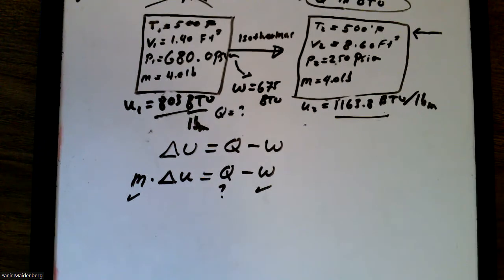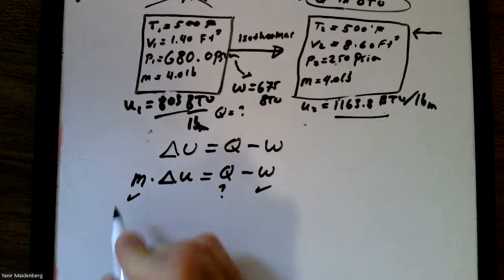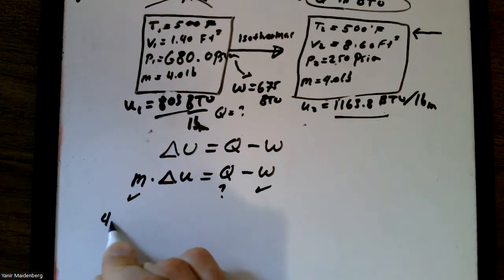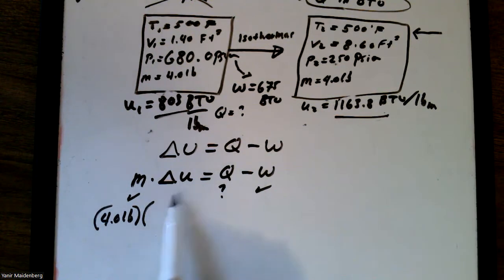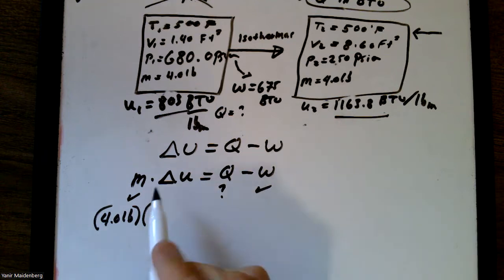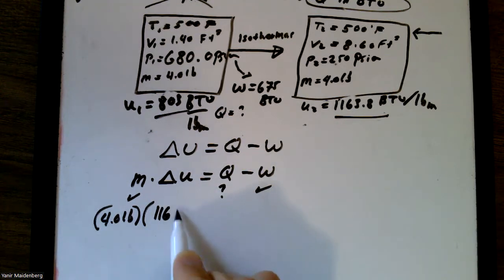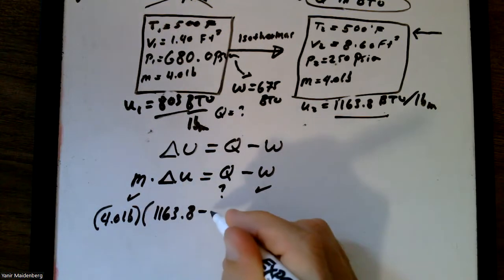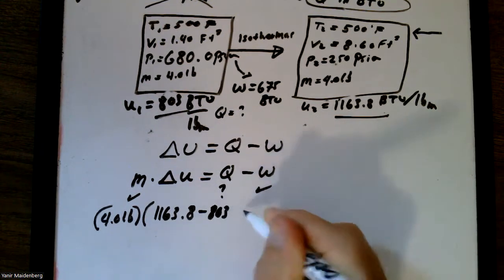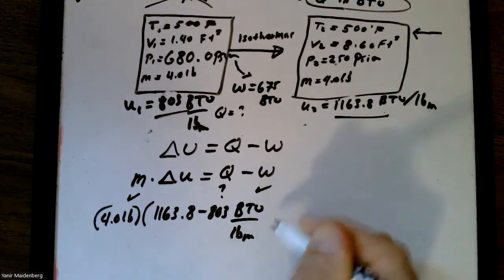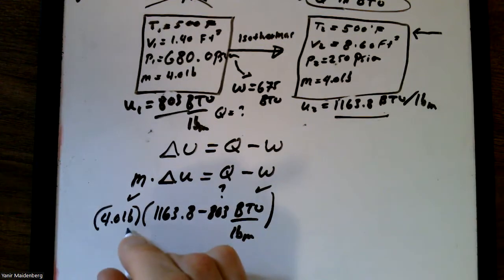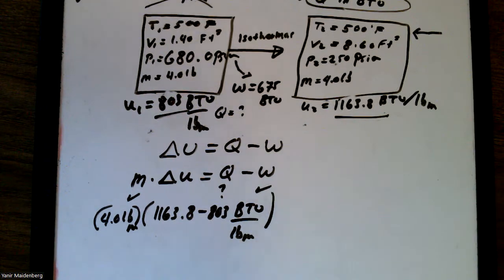To get Q, I know that the mass is 4 pounds, and the change in internal energy is 1163.8 minus 803, both in BTU per pound mass. So that's delta u.